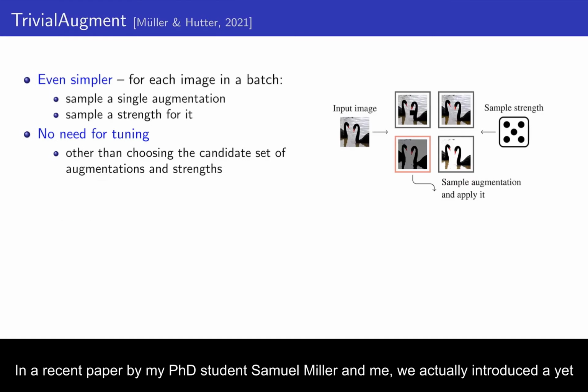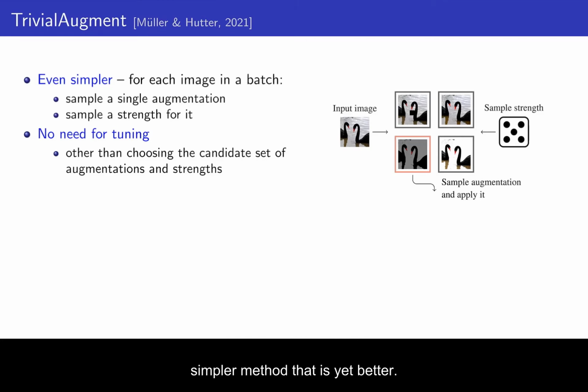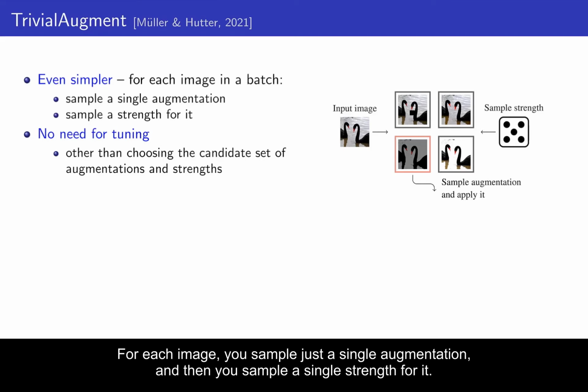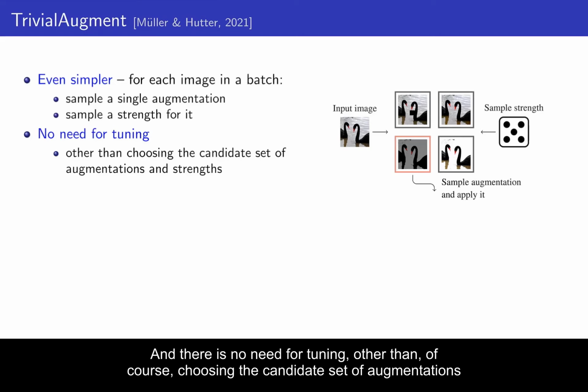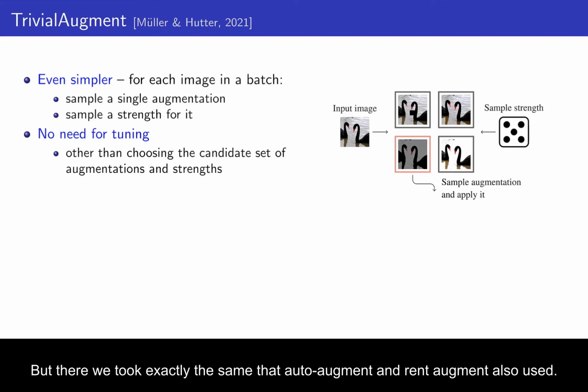In a recent paper by my PhD student Samuel Müller and me, we introduced a yet simpler method that is yet better. This is called TrivialAugment, and it works as follows. It's really simple. For each image, you sample just a single augmentation, and then you sample a single strength for it. And that's it. There is no need for tuning, other than, of course, choosing the candidate set of augmentations and strengths, but there we took exactly the same that AutoAugment and RandAugment also used.